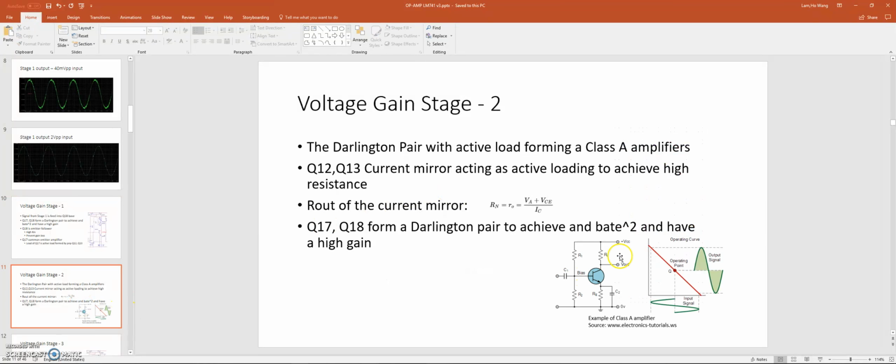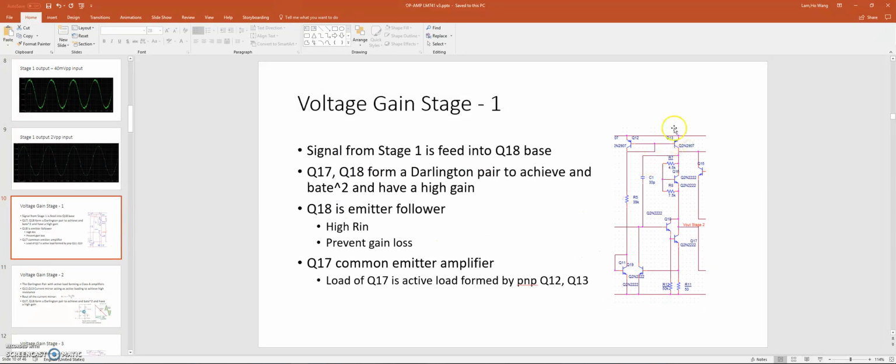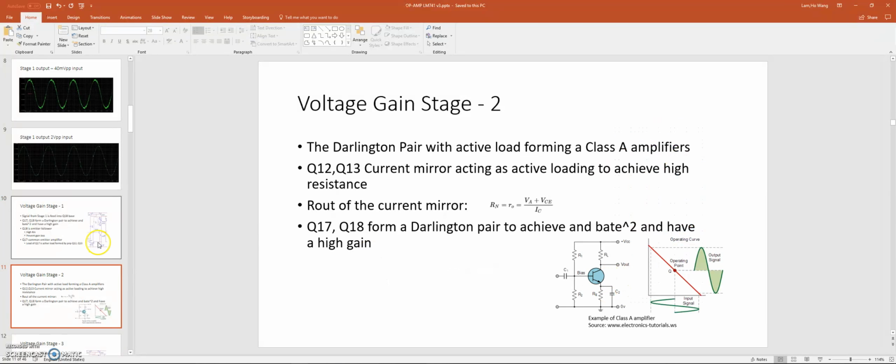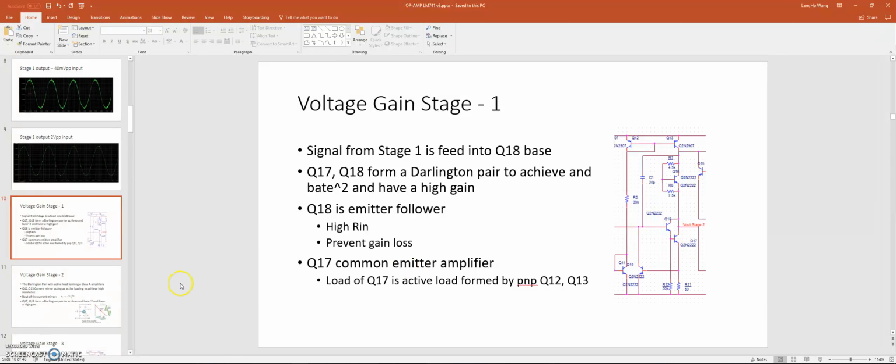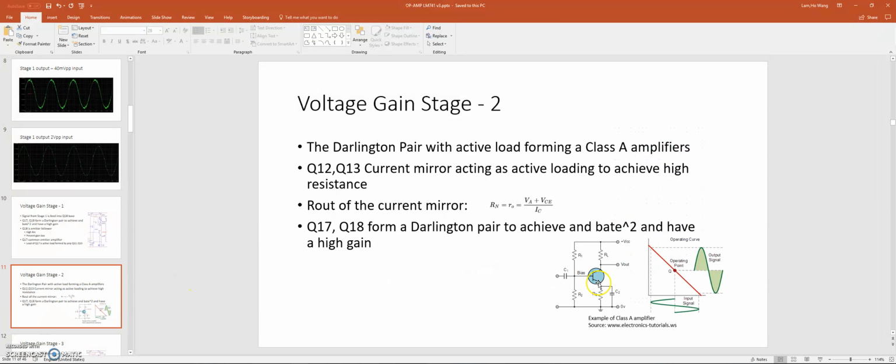So I have an example here. A Class A amplifier looks like this. The loading here, we're using an active load, this current mirror, and then the Darlington pair Q18 and Q17 is going to serve like a single transistor.